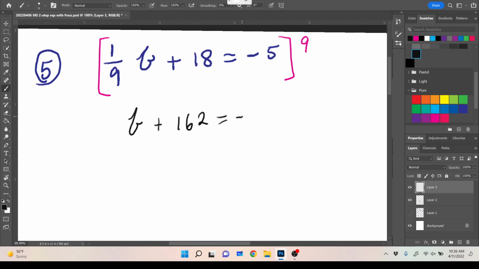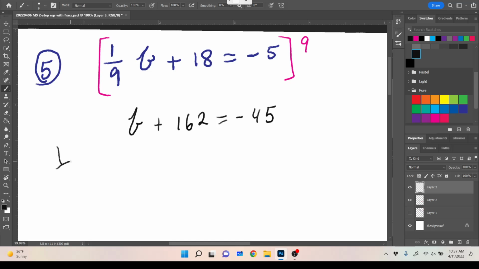This is number 5. Minus 45. And then when we subtract, when you're multiplying them, I got 1/9 when b equals -23. What'd you multiply by? 9.